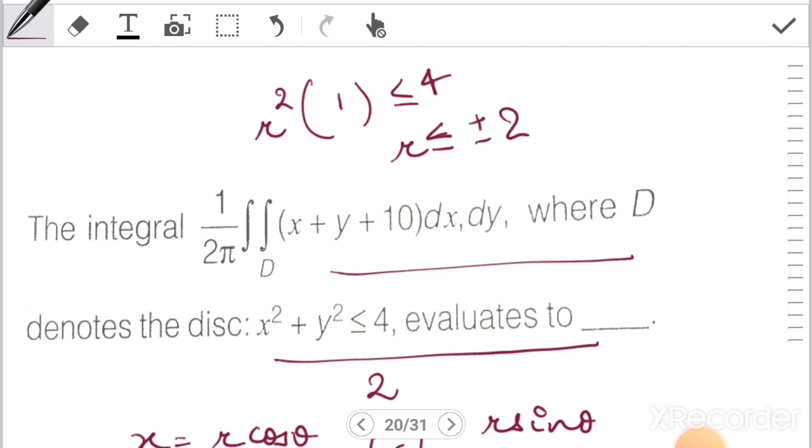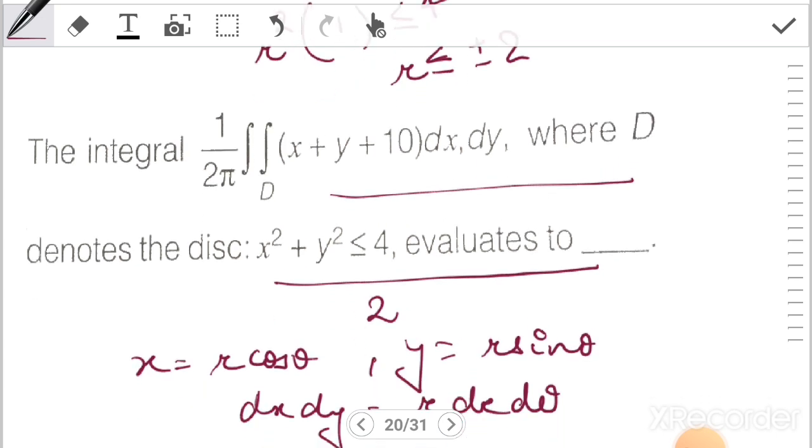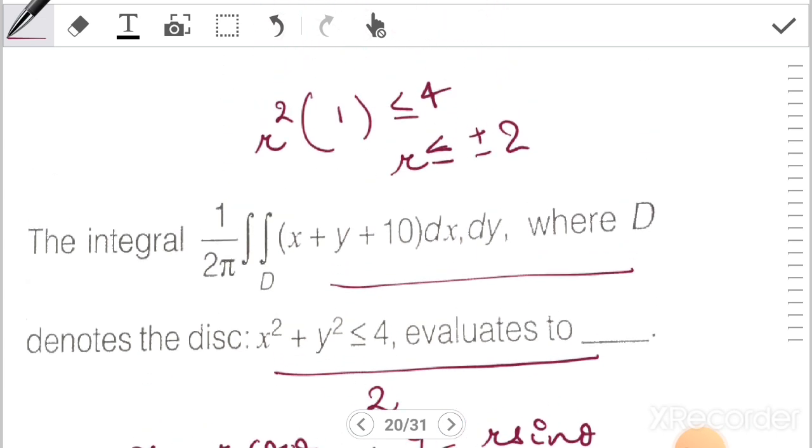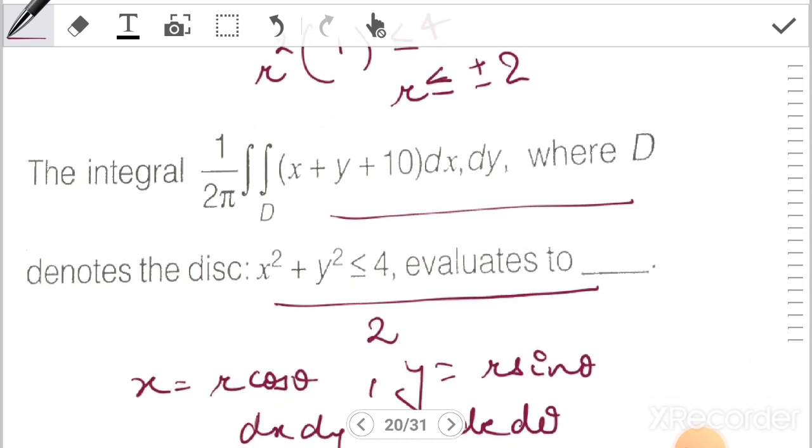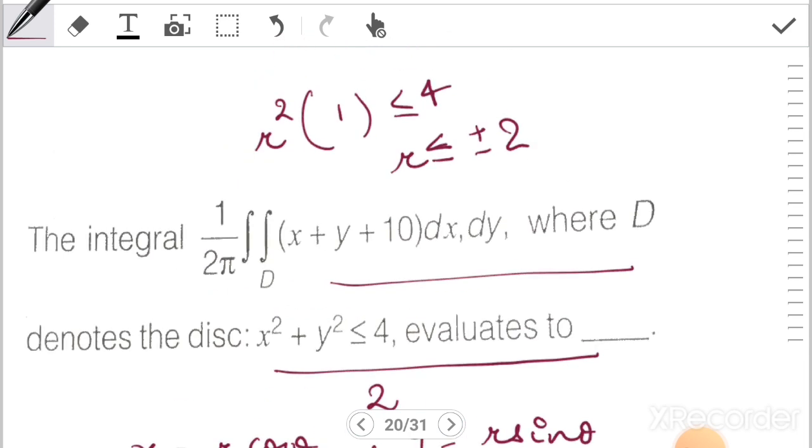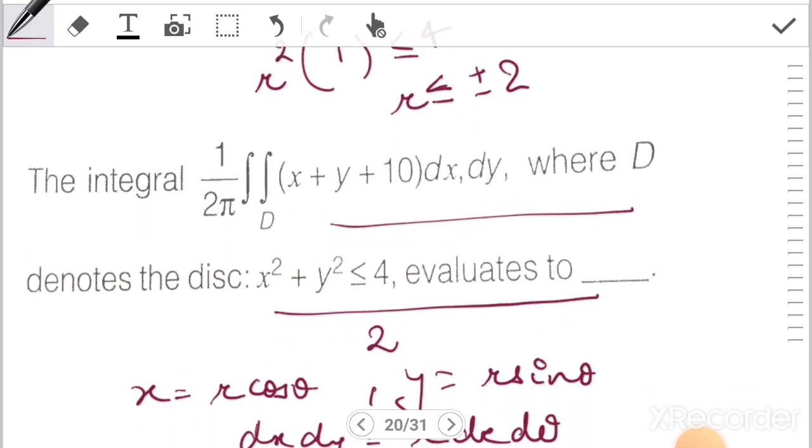Since we are taking polar coordinates, r is nothing but the radius, so we consider the positive value. So r varies from 0 to 2.